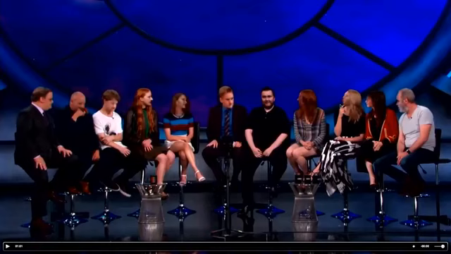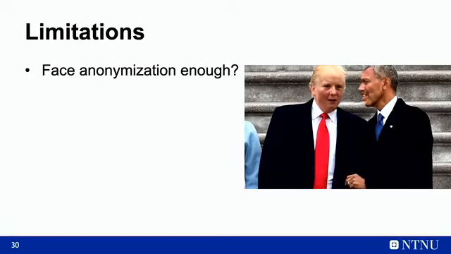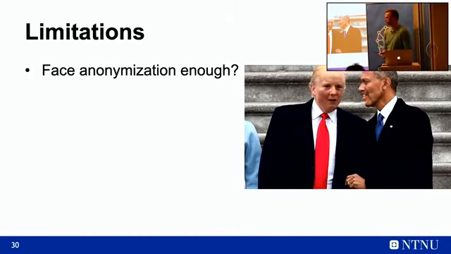Right, so that's just to give you an idea how this system works currently. It's not perfect, but it's definitely a start to do automatic anonymization. This method has a lot of limitations currently. First of all, is face anonymization enough? Most of you recognize who these two people are.